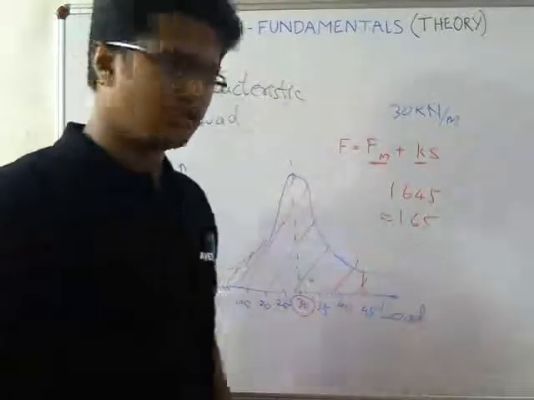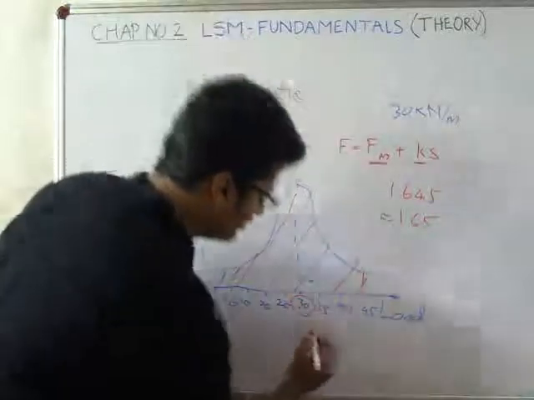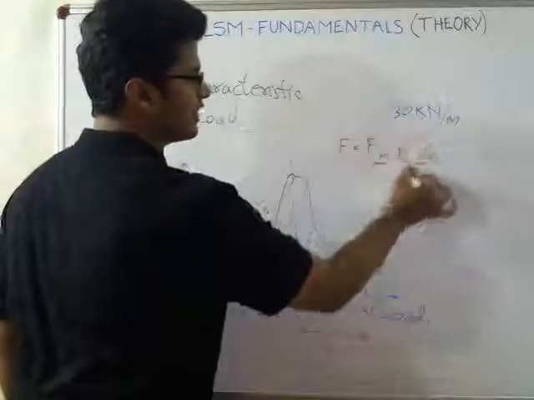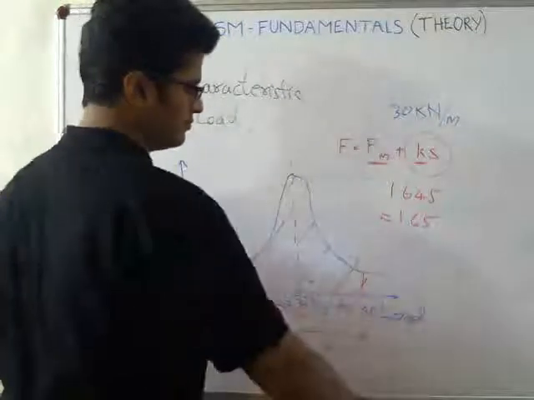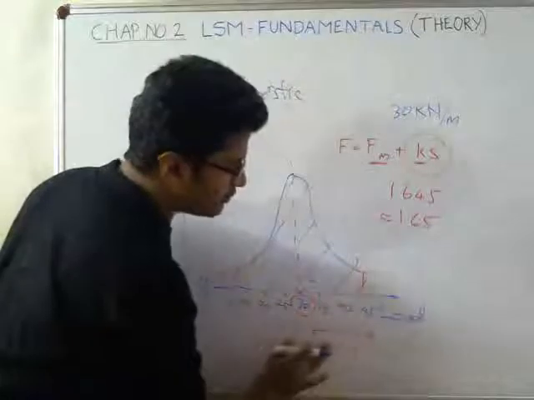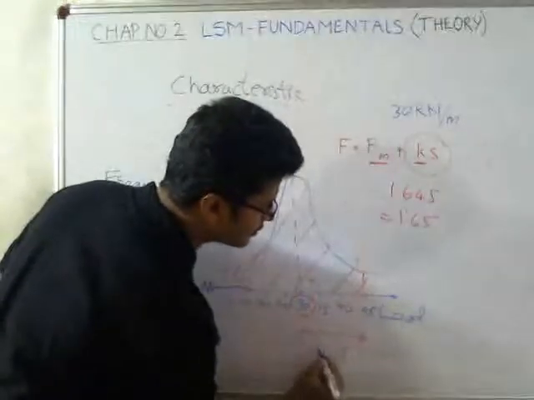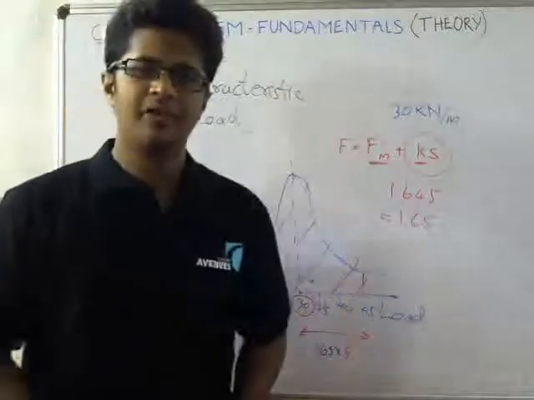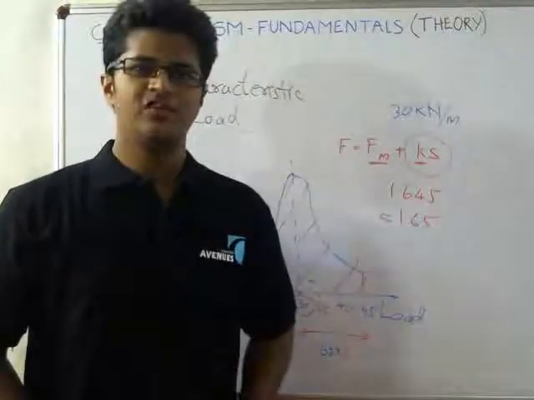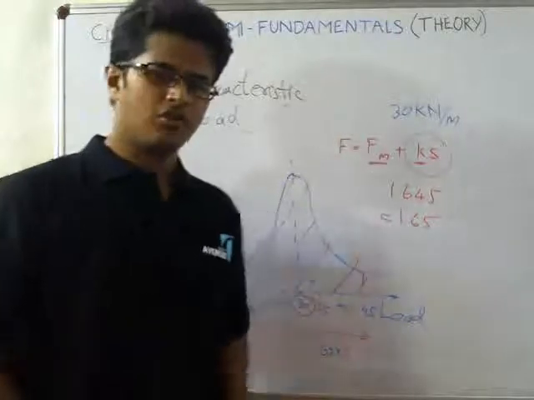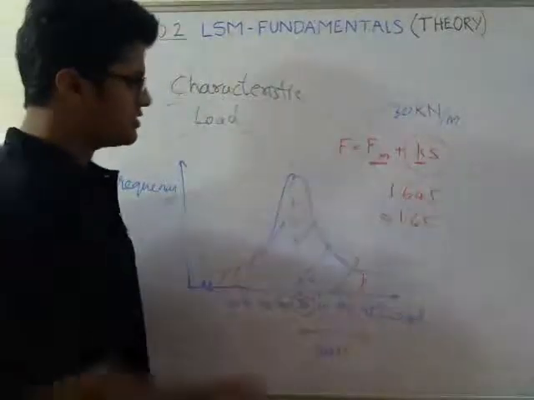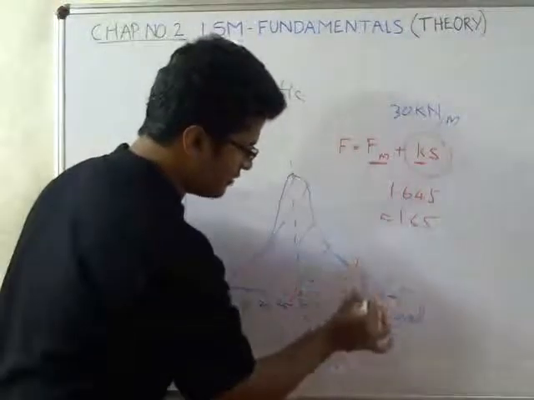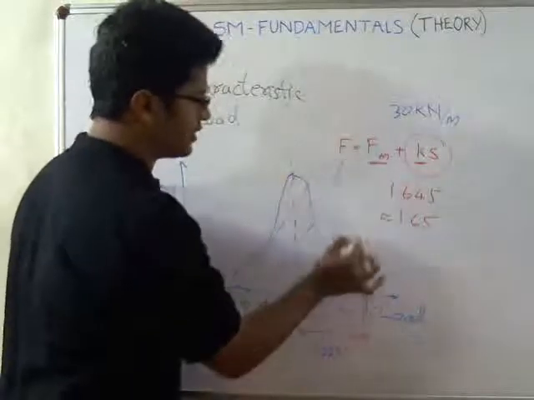So the distance here is basically K into S. If I substitute the value of K as 1.65 into S, the standard deviation can be calculated by mathematical formulae, which we are going to see in the numerical sessions of this chapter. So this is the graph for characteristic load, and 45 comes out to be the value of your characteristic load.